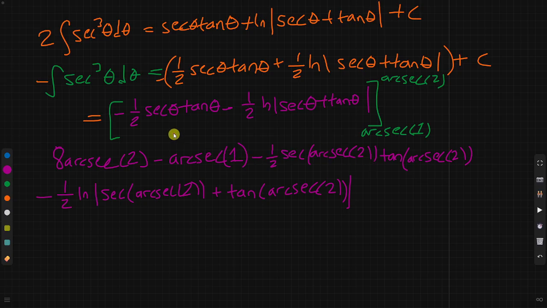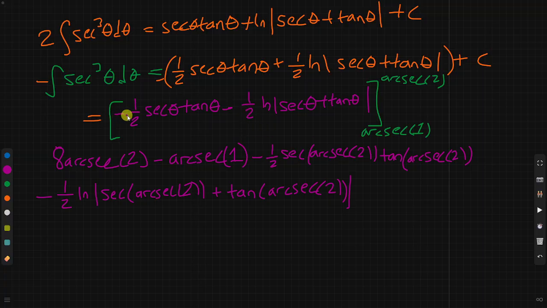Now I'm going to subtract the value when arcsecant of 1 is plugged in for theta. So I'm subtracting this, and in my head I'm going to apply a negative to this whole thing. So this negative term is going to become a positive, and this negative term is going to become a positive.